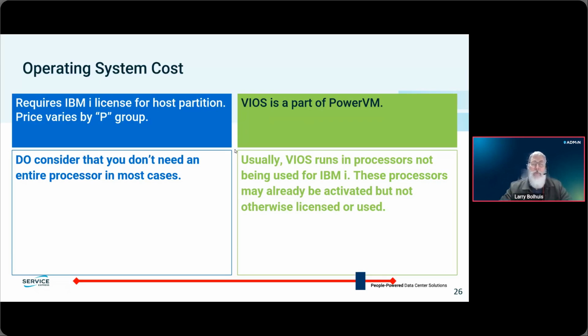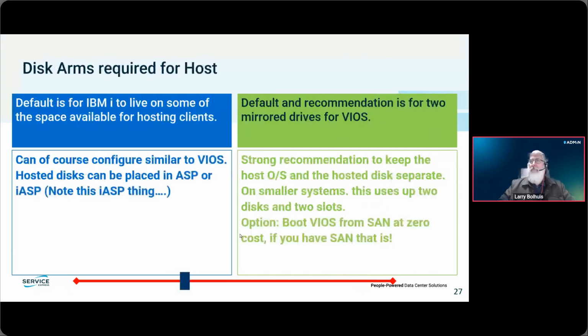A couple of those cores could easily be used for Power VM VIOS, and at exceptionally low cost. Not zero, because you are paying Power VM maintenance, but it's in the hundreds of dollars versus IBM license for a year is in the many thousands of dollars, right? So pretty good size win here for VIOS.